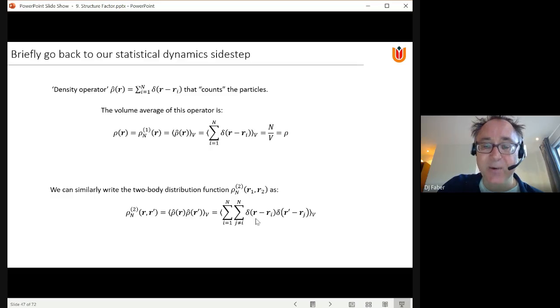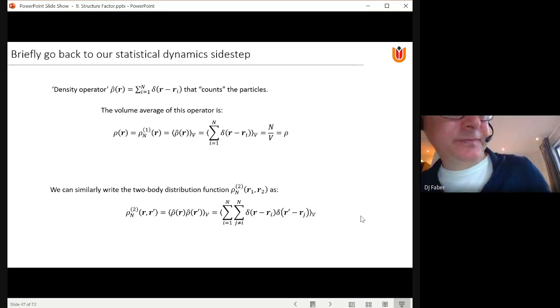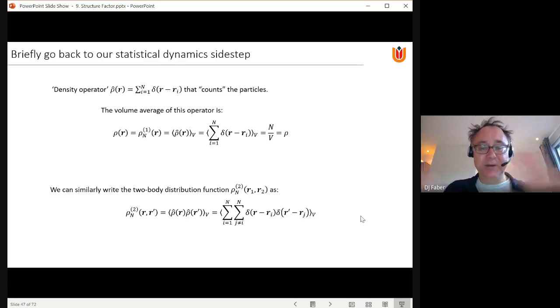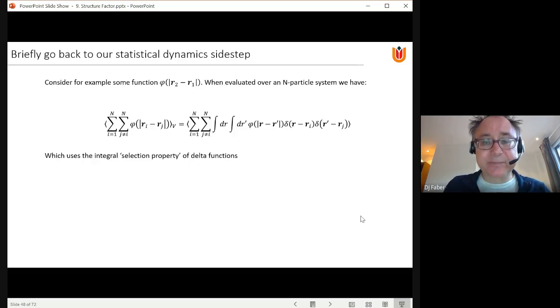So we now have two delta functions that count particles, both run over spatial coordinates, and only when r_i and r_j coincide in these two counts, then you will get a 1, and otherwise you will get 0.